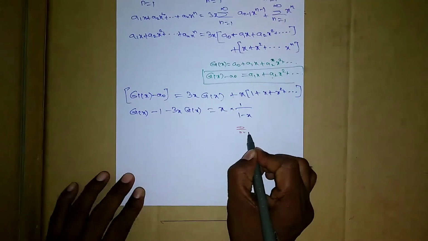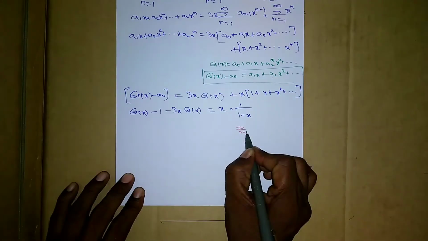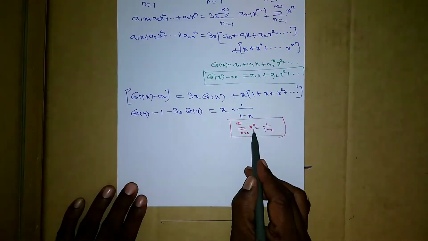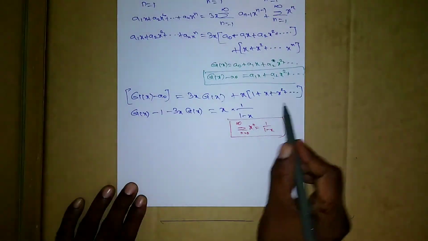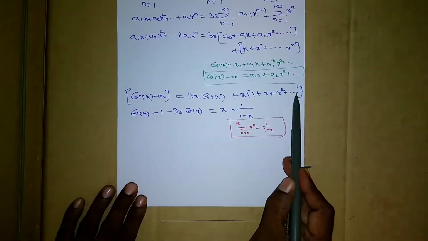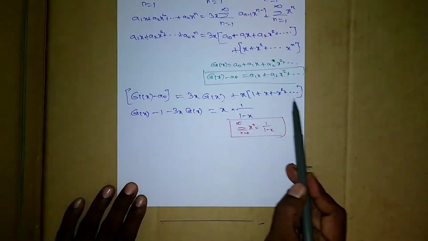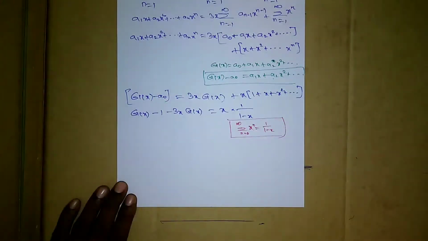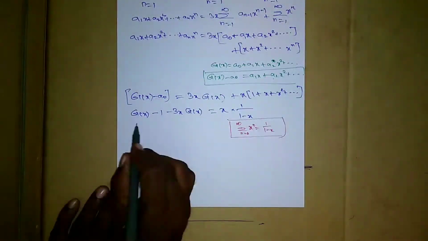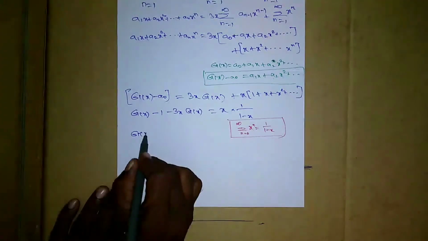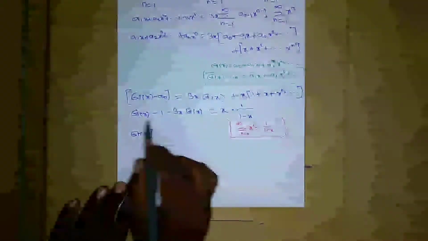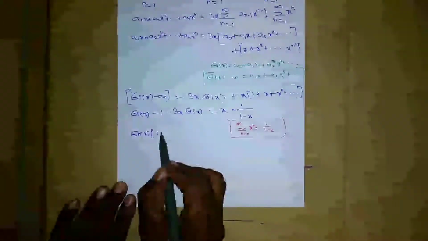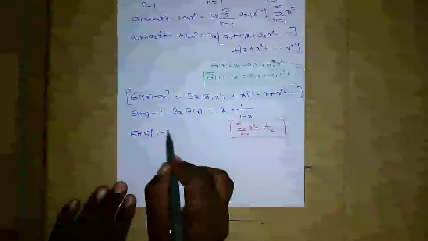We know that summation n = 0 to infinity x^n = 1 by 1 - x. Therefore, replace this. Take g(x) outside. G(x) into, when taking g(x) outside, the remaining is 1 - 3x.